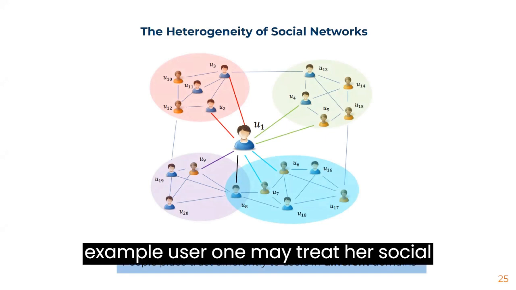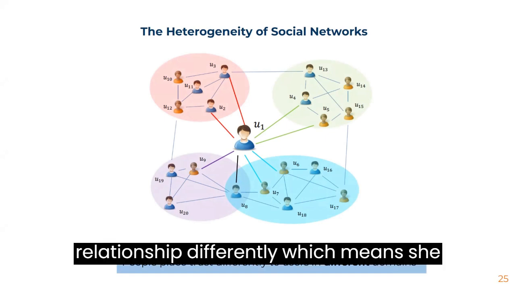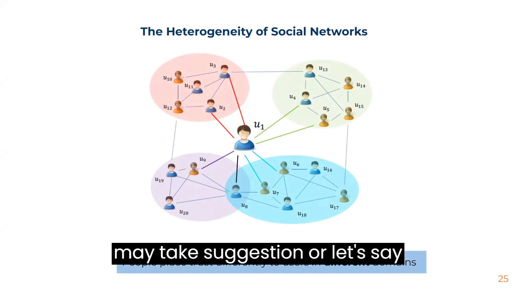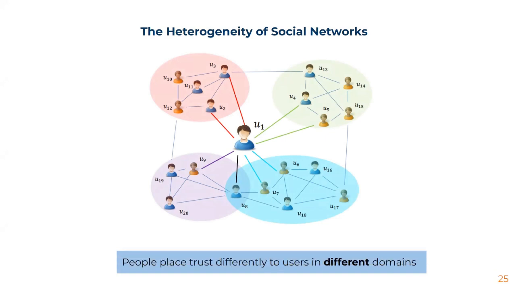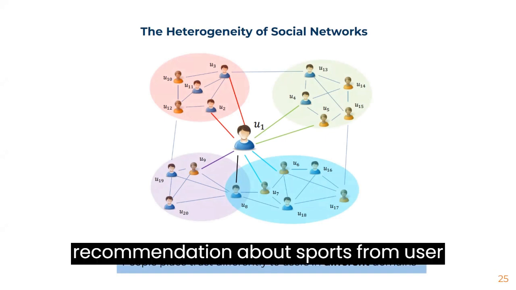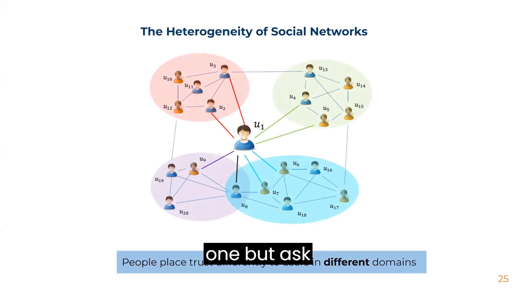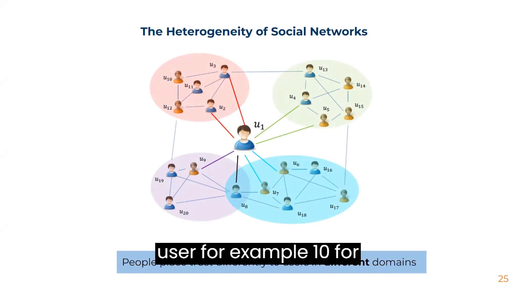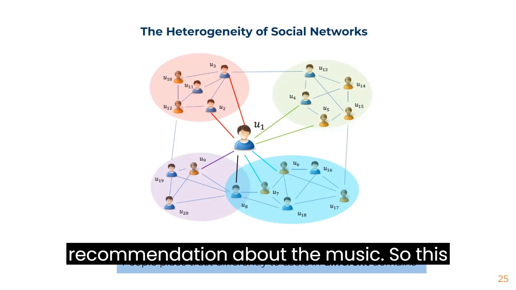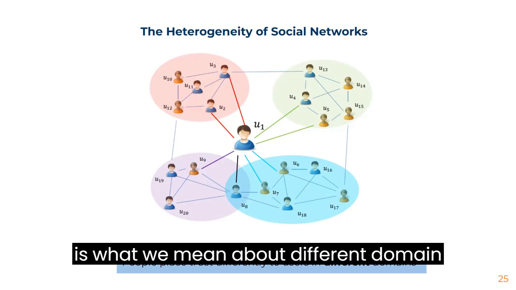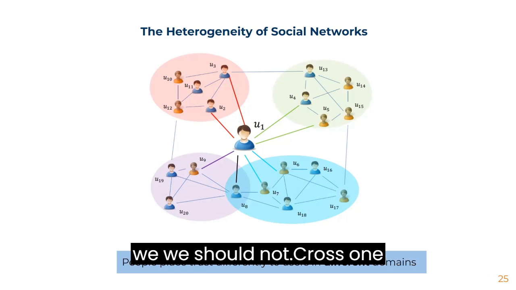For example, user one may take a recommendation about sports from user two, but ask user ten for a recommendation about music. We should not trust one user across different domains.